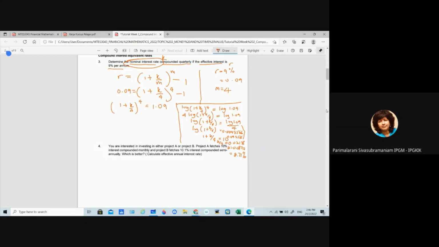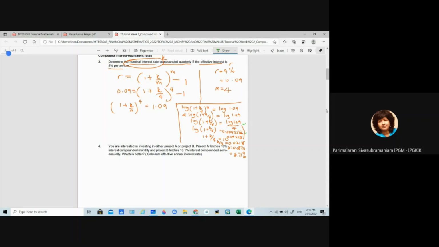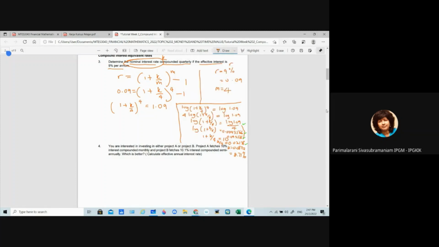All these steps you can do in a calculator straight away to get this answer. It can be easily done. You don't have to show all these steps one by one. You can go straight to K over 4, and then K. Or there's another way of solving this.